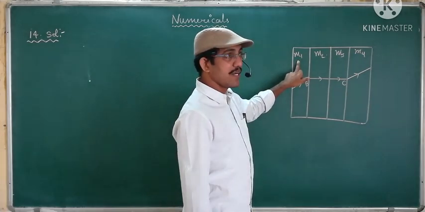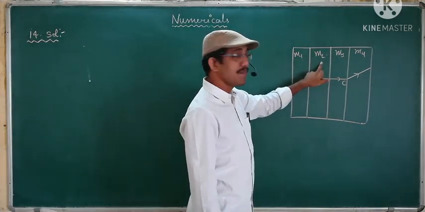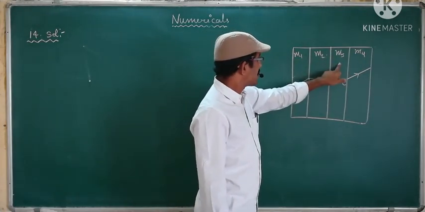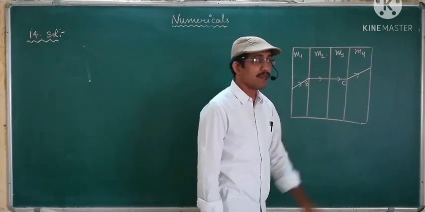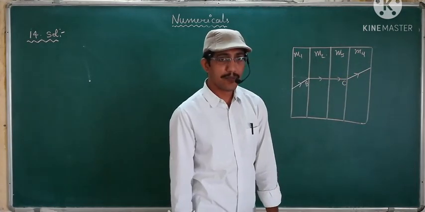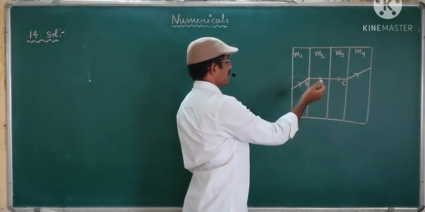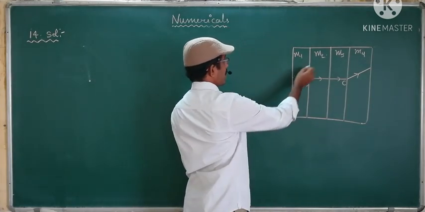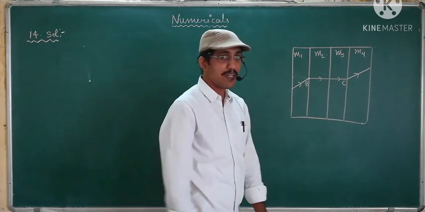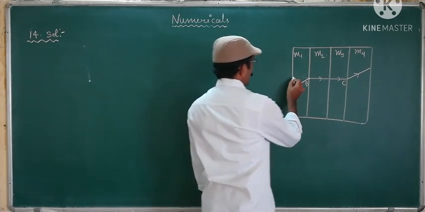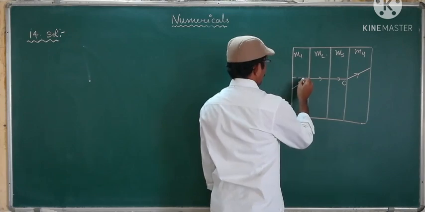Refractive index of first medium M1, second medium M2, third medium M3, and fourth medium M4. In order to get this, what about the relation between M1, M2, M3, M4 and even the angles? Observe carefully.